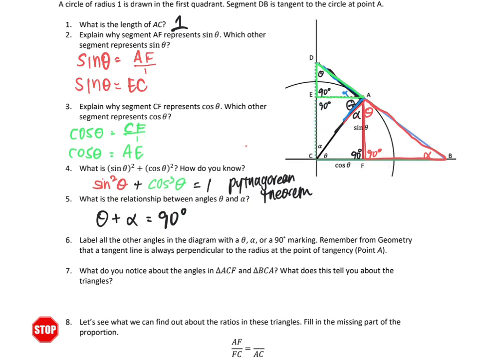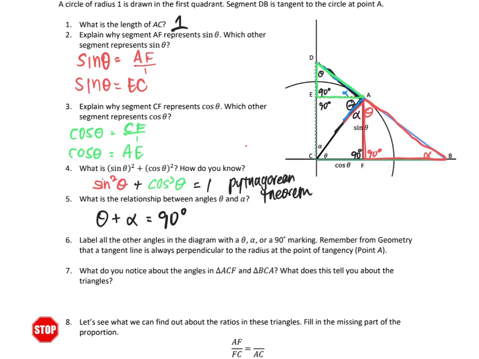And then it says, what do you notice about the angles in ACF and BCA? Well, in ACF, we have alpha, theta, and 90. And in BCA, we also have alpha, theta, and 90.